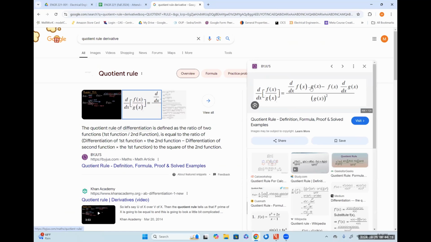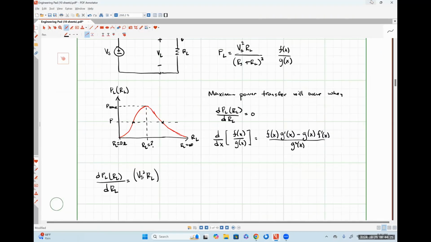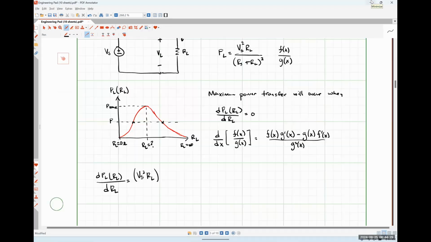So f prime times g minus f times g prime. Okay, so he was correct. So we'd wind up with a negative sign, but we'll go ahead and fix that then. All right, just to make sure that we're not hand waving anything. Thank you for that. Like I said, I am very much out of practice. We'll get rid of this.